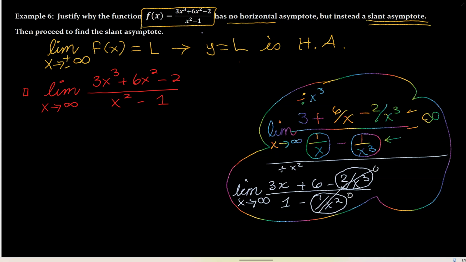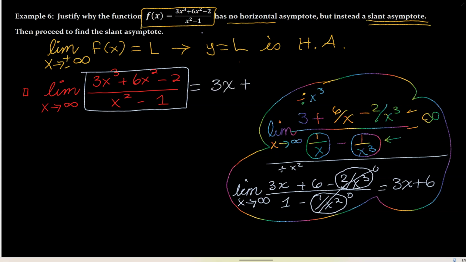So what we have left is just 3x plus 6. What we are saying is when x is going to infinity, this function is going to behave like 3x plus 6.